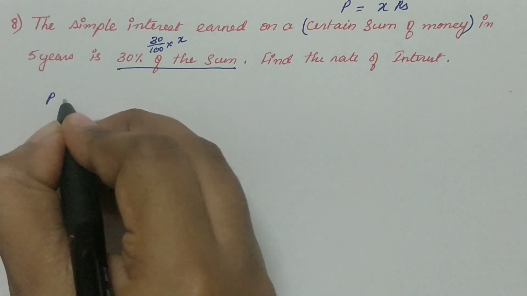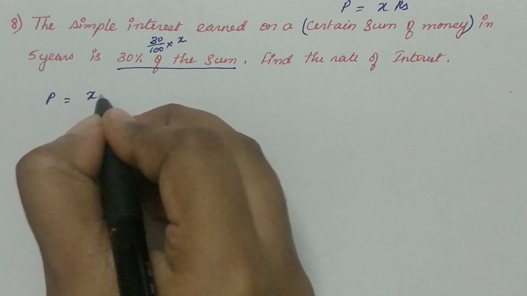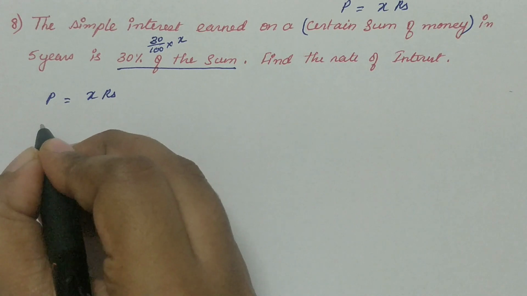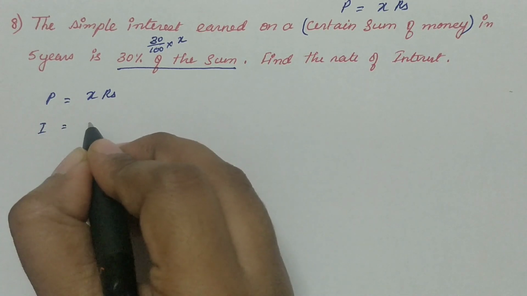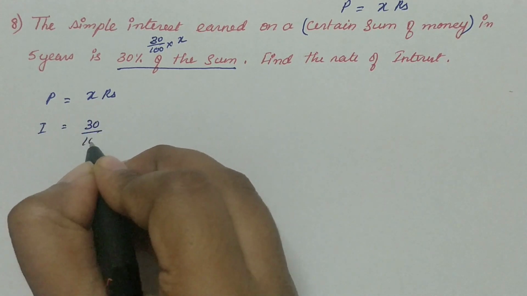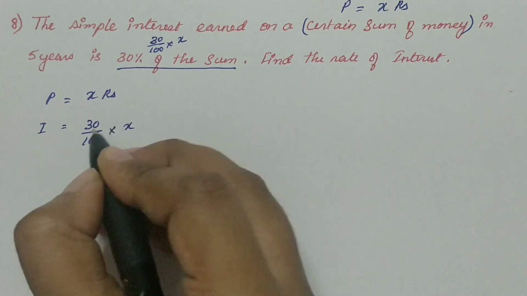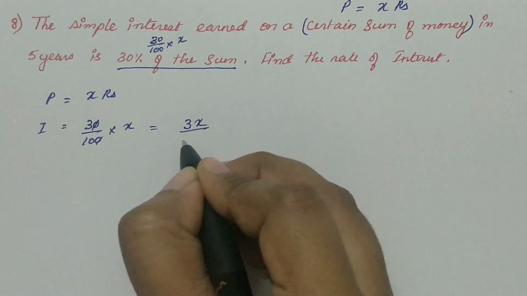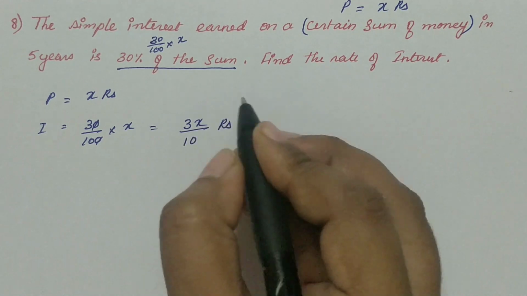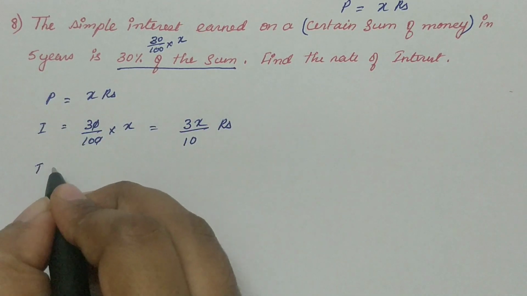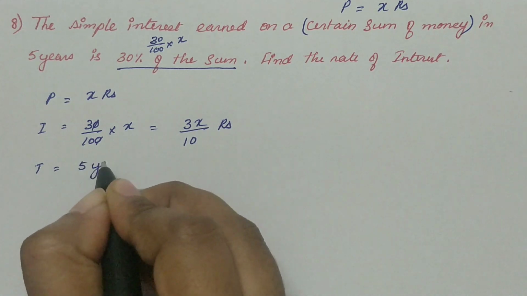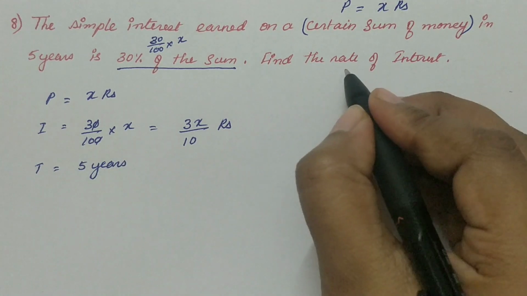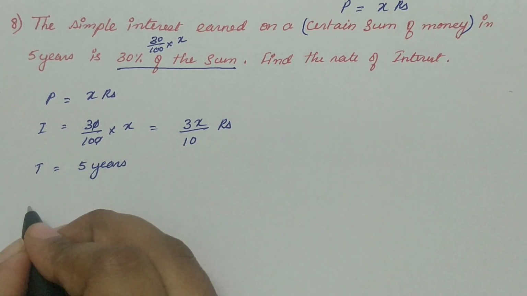Therefore, principal equals x rupees, simple interest I equals 30 by 100 into x, equal to 3x by 10 rupees, and given time equals 5 years. And we need to find rate of interest.